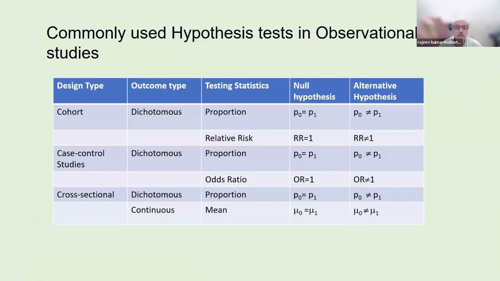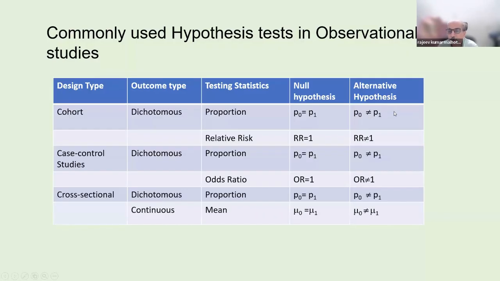So now we come to the commonly used hypothesis testing for observational studies. If you are doing a cohort study, that is a common type. Dichotomous outcome, the testing statistic is proportion. Null hypothesis, the proportion is equal to P1, and the alternative hypothesis is not equal to, that may be greater than or less than.